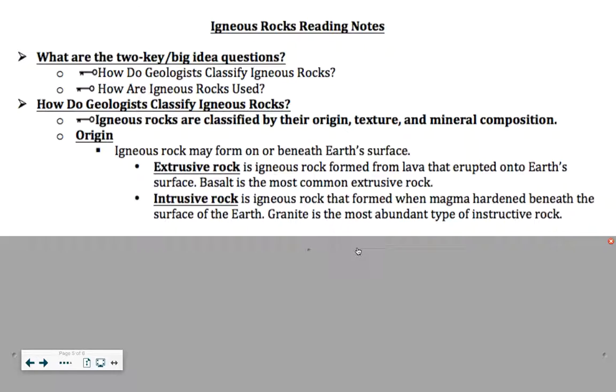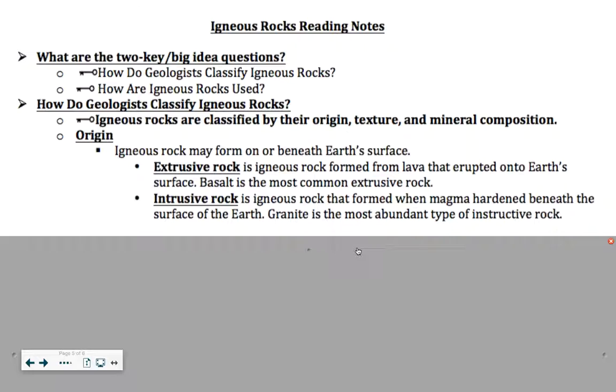Therefore, the minerals, the crystals, are usually smaller because they're erupted out of the volcano, cools very quickly. Okay? Intrusive, think of inside. Intrusive is igneous rock that formed when magma hardened beneath the surface of the Earth. Granite is the most abundant type of intrusive rock.